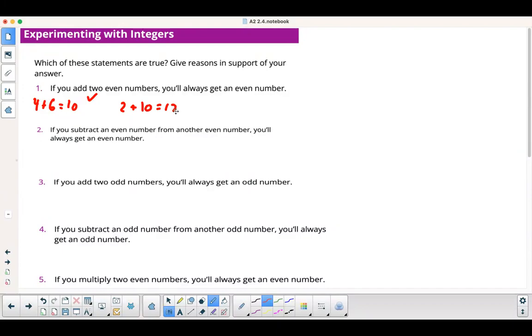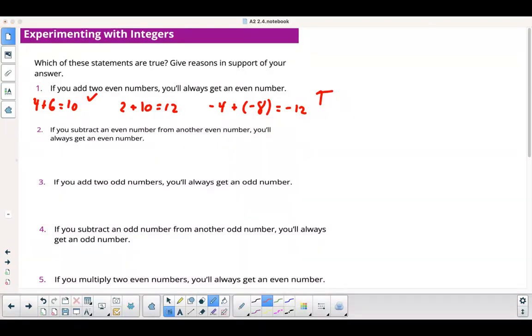Even plus even. Yep. Maybe even a negative even. Looks like it's true. Now, I didn't prove that it's true, but I would have a strong hunch that it is. So I would say this one is true.